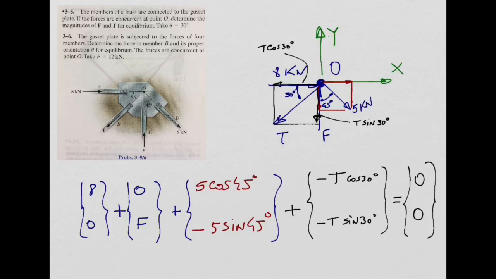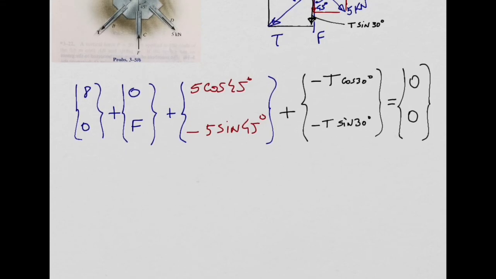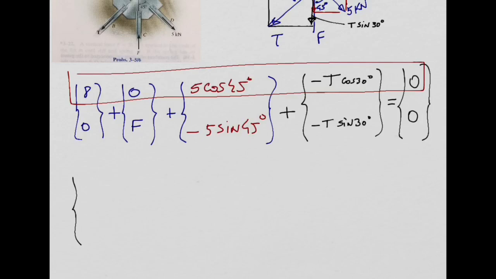Okay, so what I'm going to do now is add all the components. Sorry, for example, for the x components, I'm going to add all of the x components of all vectors together. So I'm going to build my system of equations, right? So let's start with these x components.